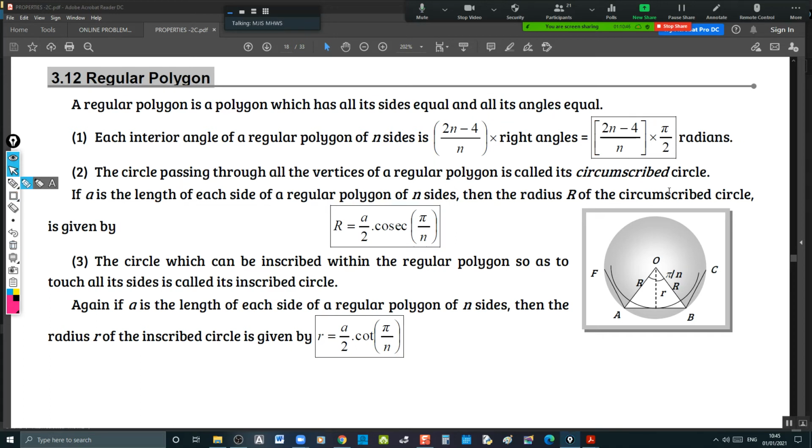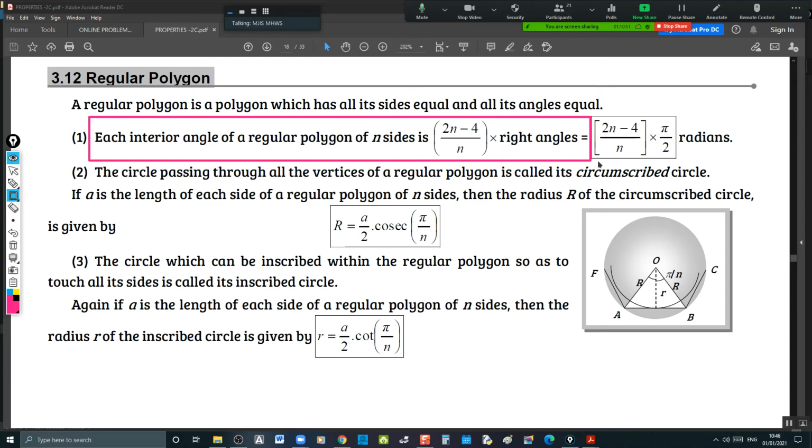Sum of the interior angles of a regular polygon of n sides is equal to (2n minus 4) by n into the number of right angles. This 2 can also be cancelled, and you can even write it as (n minus 2) by n into pi. That's it.